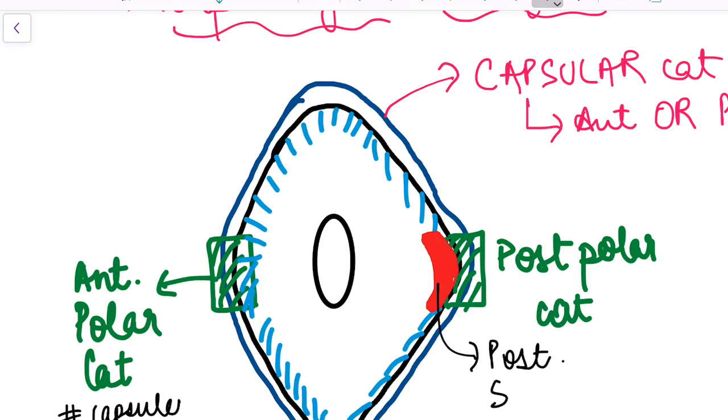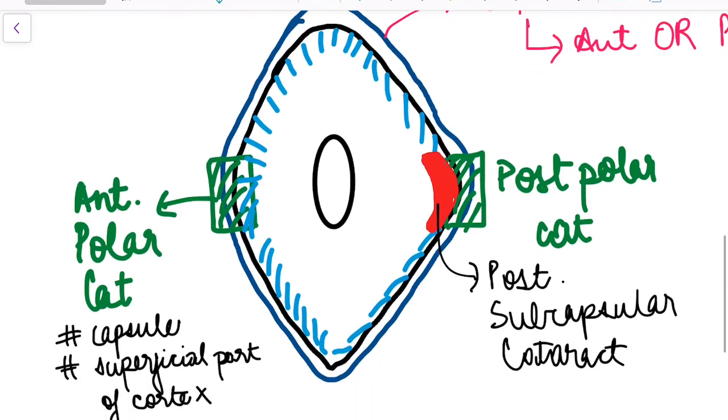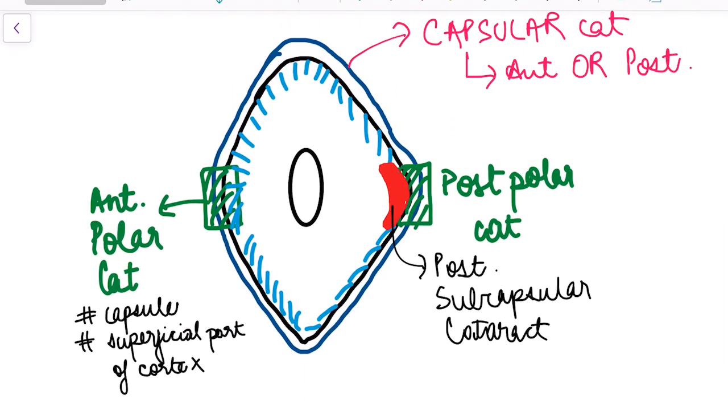Posterior subcapsular cataract, right? Posterior subcapsular cataract. Here we can remember one thing, that posterior subcapsular cataract causes maximum diminution of vision.